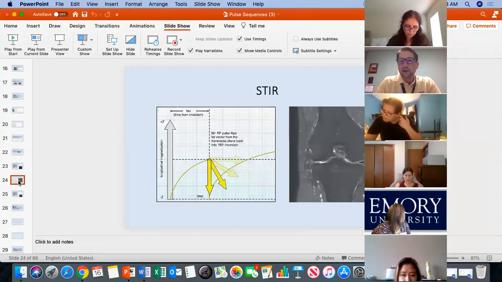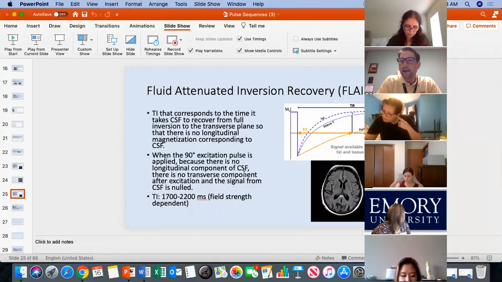So that in turn is different from our FLAIR. So look at how we select a TI time that is long, that corresponds with how fluid recovers and where fluid crosses that transverse axis. So our TI time at the beginning of the pulse sequence is going to be a little bit longer, in the realm of 1700 to 2200 milliseconds.